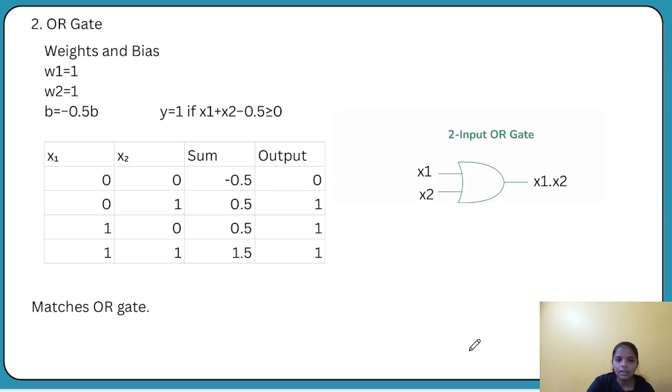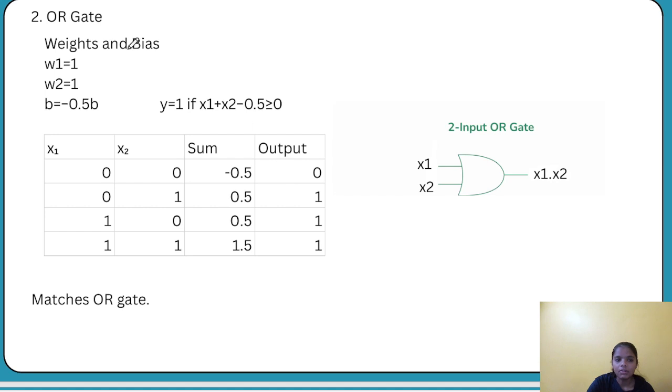Now for the OR gate, our weight 1 is 1, weight 2 is 1 and our bias factor is minus 0.5. When we substitute these values into this equation, we get the sum as this.